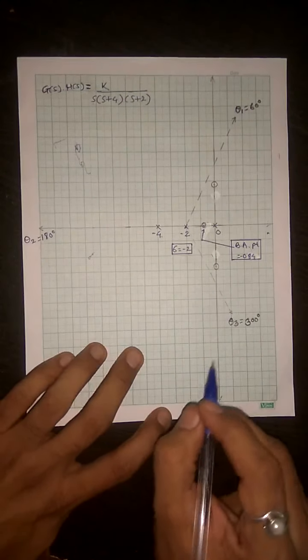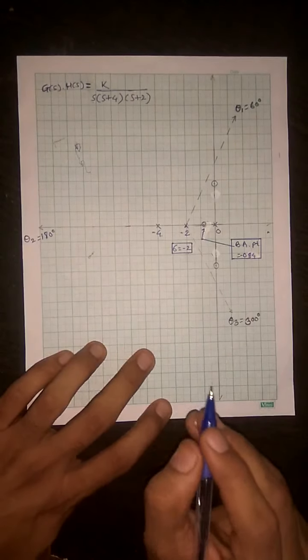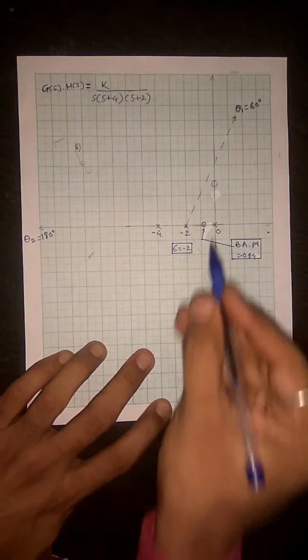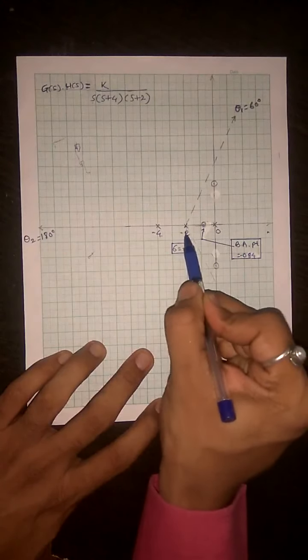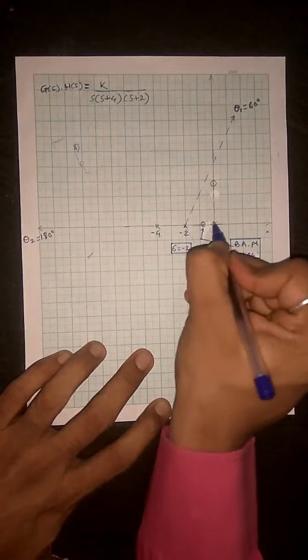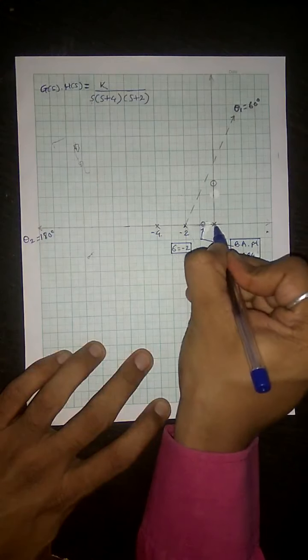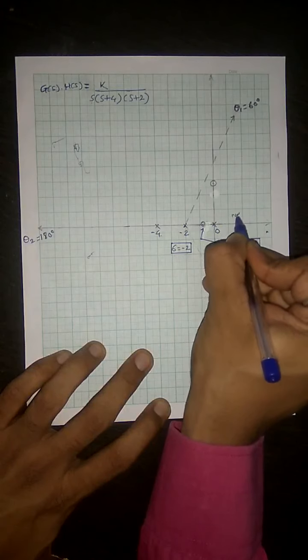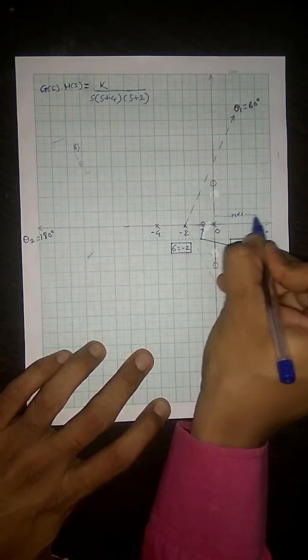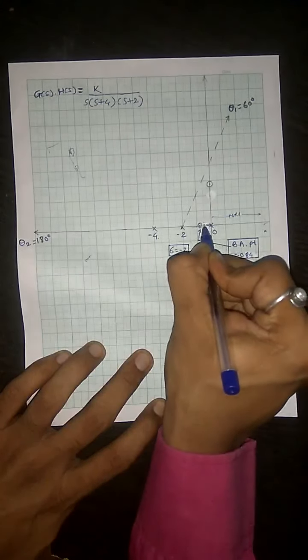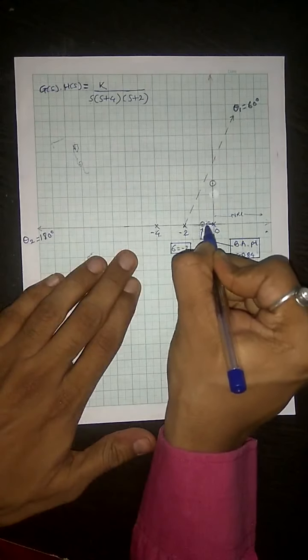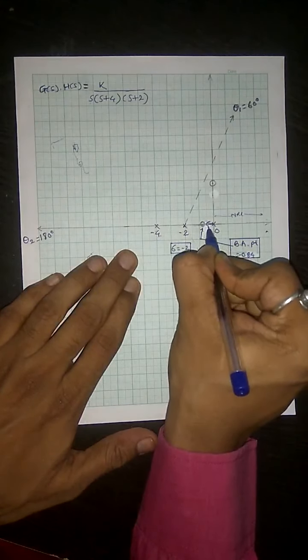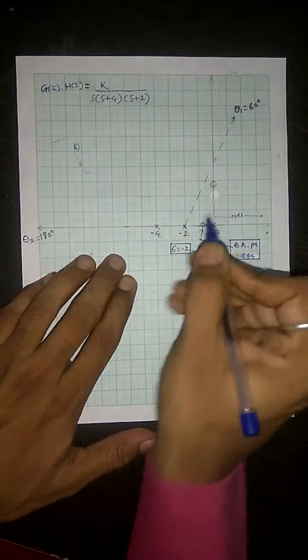Okay, first rule is your root locus always starts from pole. So we have 0, minus 2 and minus 4, these three poles. So root locus cannot start in this direction, because this is a NRL, non root locus region. So it will start in this direction. Okay, show like this by arrow in this direction.